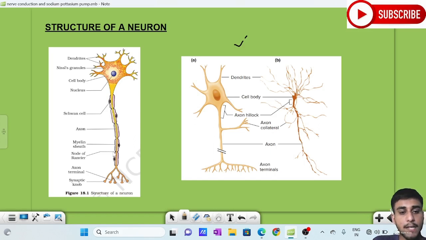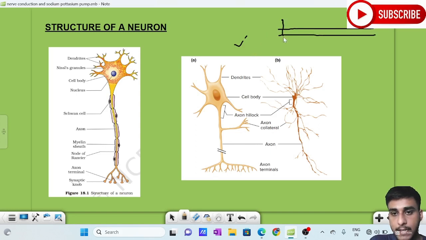Next, what is a node of Ranvier? Look, this is an axon. Axon means this part, right? A myelin sheath will be present here, and here. Each of them is at an equal distance, right? So the node of Ranvier is the space here.